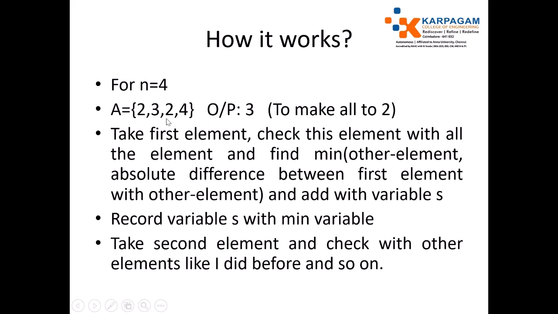Here also, when I take the third element, I am in a position to identify the number of operations required to convert other elements to 2. When I take the fourth element, I need to identify the number of operations required to convert other elements to 4. Okay. So from that we need to identify the minimum.